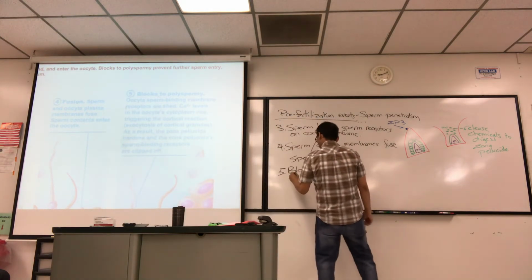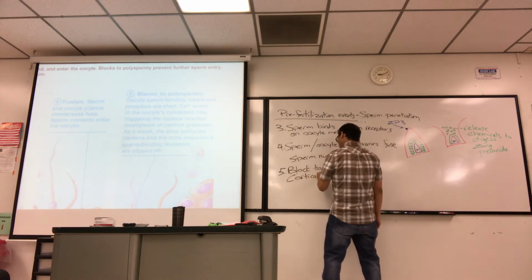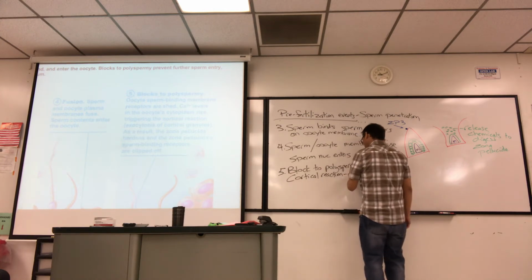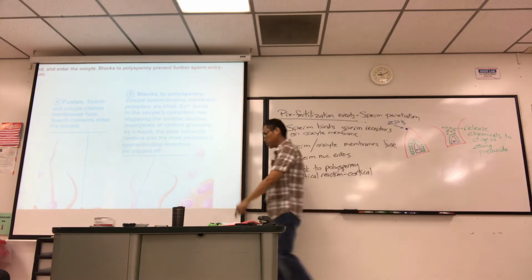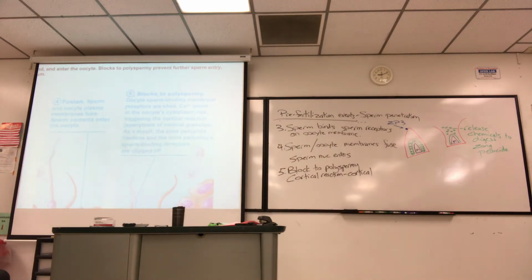So, the block to polyspermy is a cortical reaction where cortical granule, let me show the picture, they're blue. In this figure, they're blue.